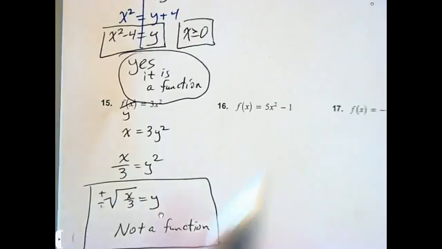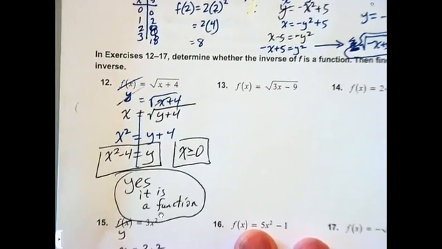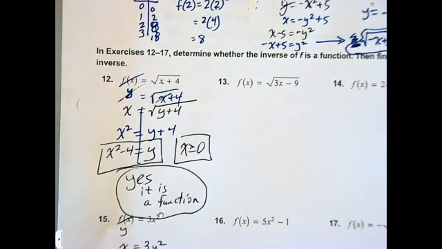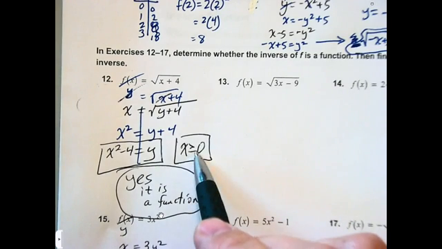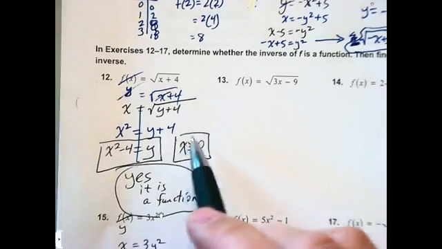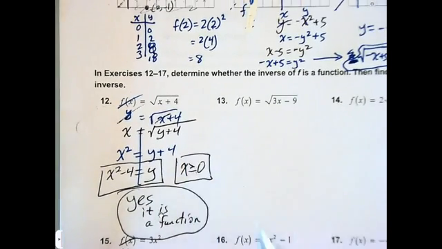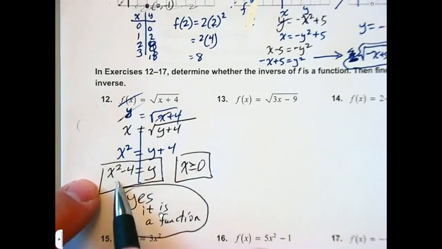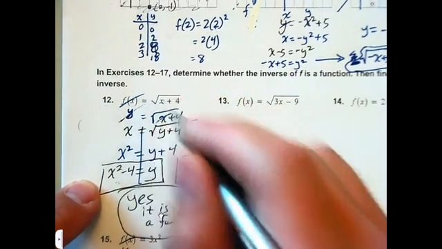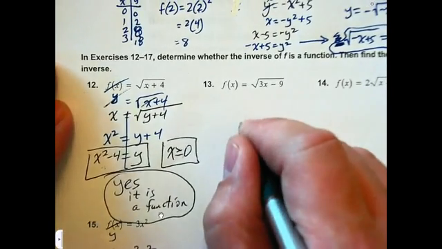Okay, Bailey, question on number 12. Bailey had a question. Go for it. x has to be greater than or equal to 0 here, because it has to do with this piece. I'm just going to do a quick sketch to describe this.